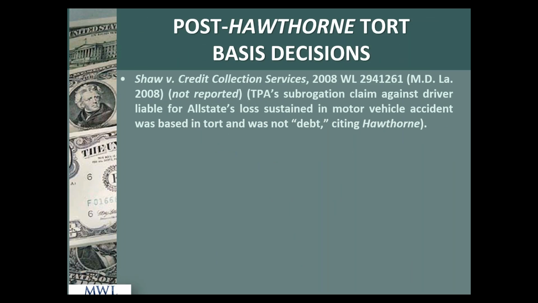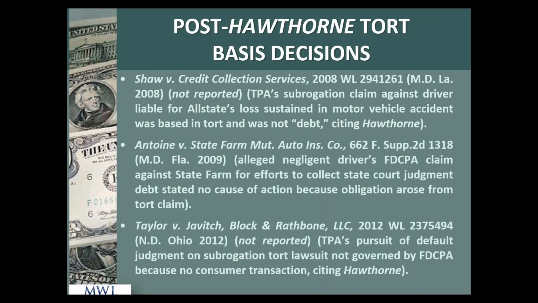So from this came a lot of post-Hawthorne tort-based decisions. On this screen, there are a number of cases that follow that reasoning from Hawthorne pretty much to a T. We have Shaw versus Credit Collection, where the TPA's subrogation claim against the driver liable for Allstate's loss sustained in the motor vehicle accident was based in tort, was not a debt.